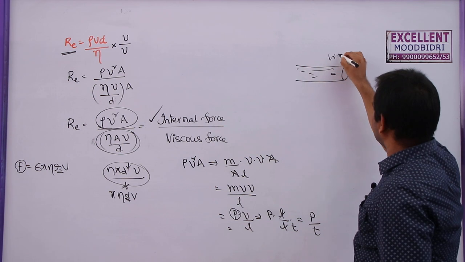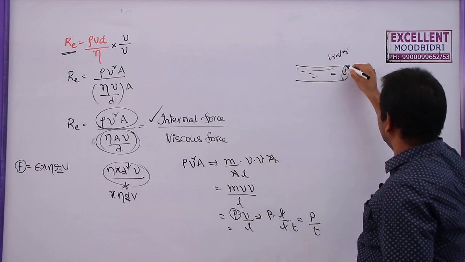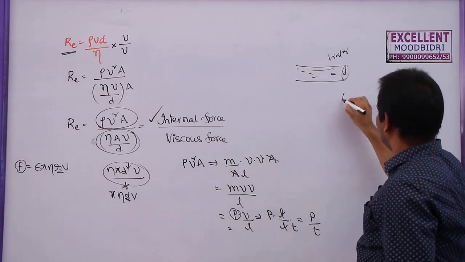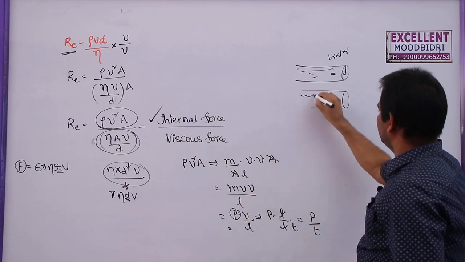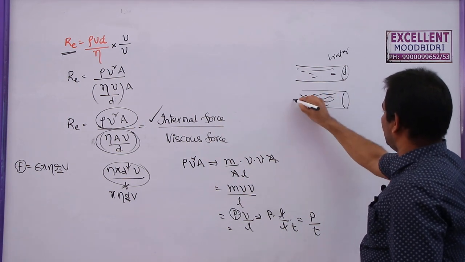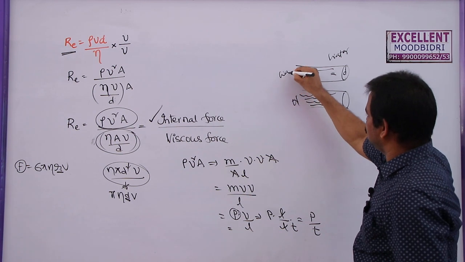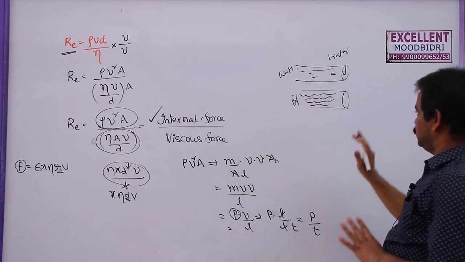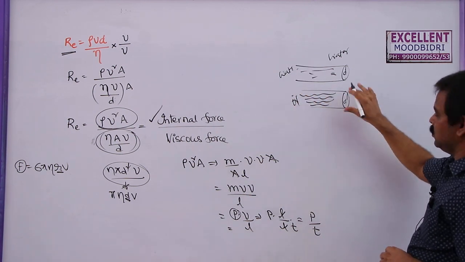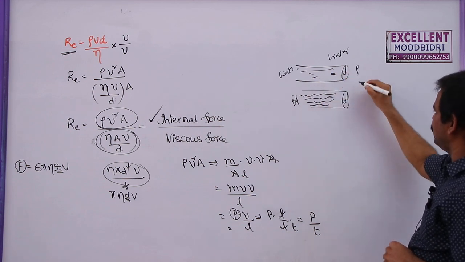Now, if you take some water in a pipe of radius d, and in a similar pipe you take some oil, these two are flowing through the same pipes and have different densities.